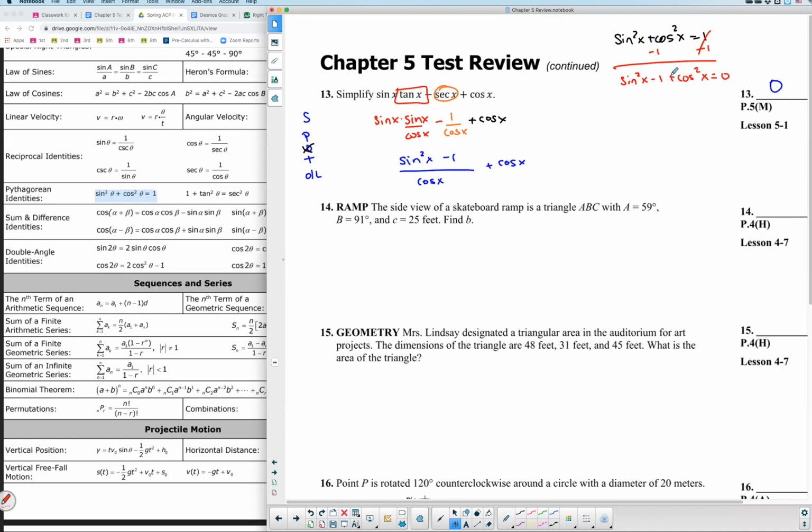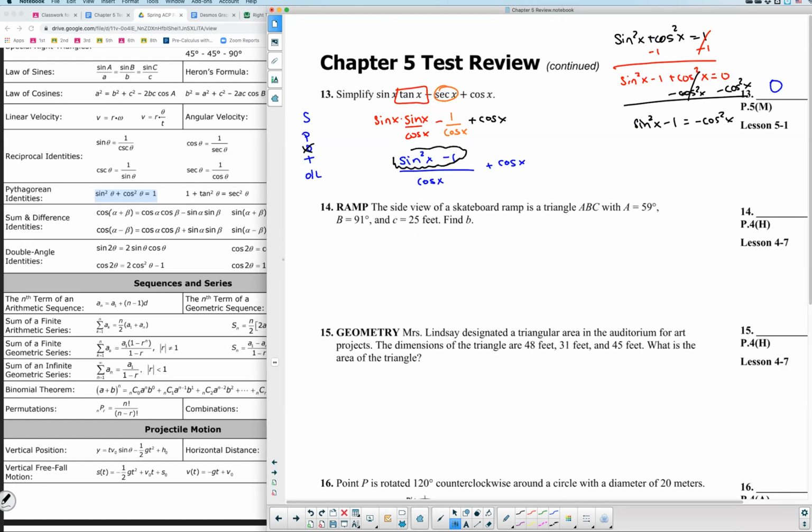And so what I would have to do to make it just sine squared minus 1 is subtract this cosine squared from both sides. And so sine squared x minus 1 would equal negative cosine squared. And so that's what I'll substitute in right here.